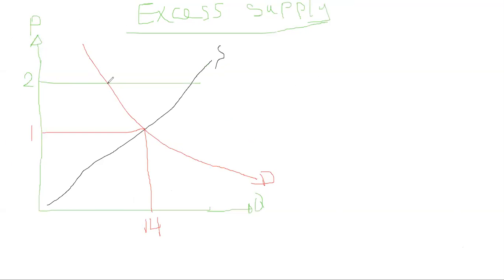So here, this will be our quantity demanded, which is 7, and this will be our quantity supplied, which will be 19. So this area here is the excess supply, or some people call it the surplus.